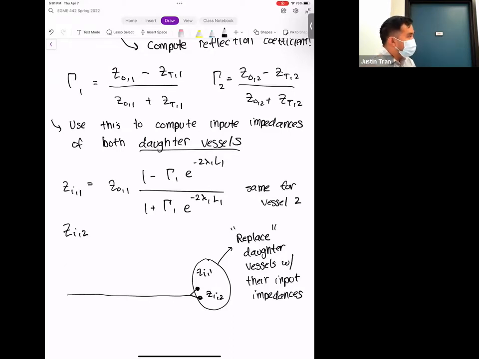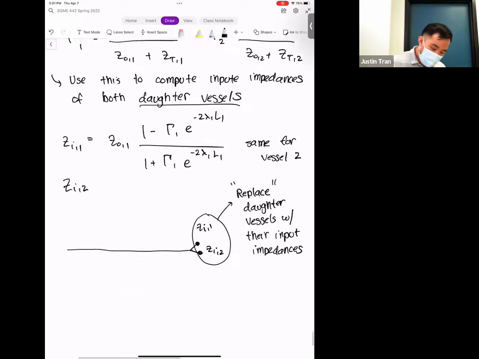The two daughter vessels represent the best case scenario: if you know the terminal impedance and the characteristic impedance, you can use that to compute the input impedance.